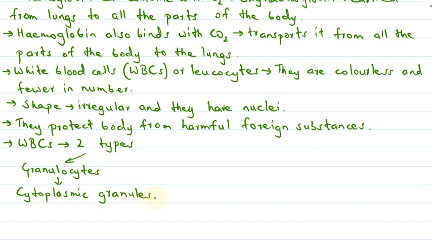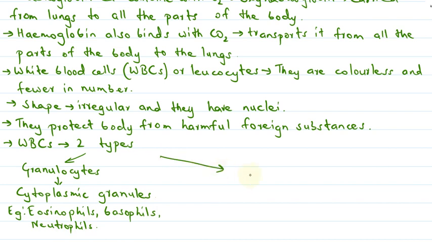And we can take the examples of such granulocytes as eosinophils, basophils and neutrophils. So they have cytoplasmic granules and are called granulocytes.